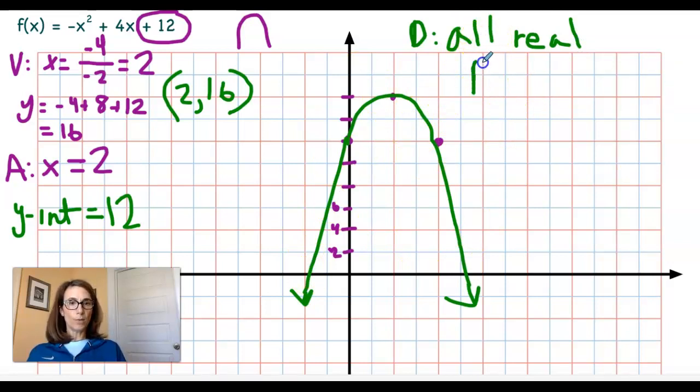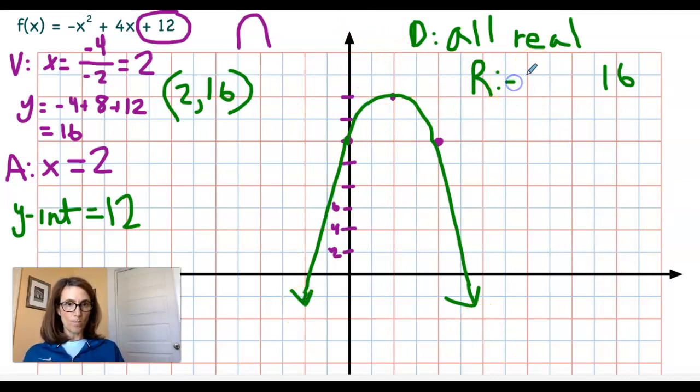The range, however, we have a maximum value here for our parabola. So the highest that we can go for our y value is 16. Nothing will go above that, but below that we can have any possible value.